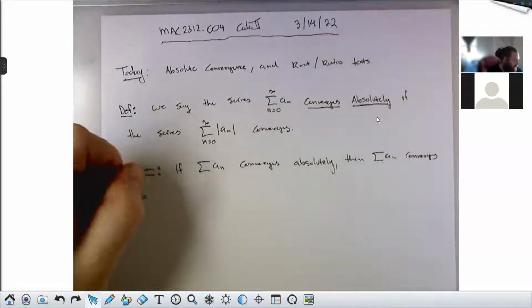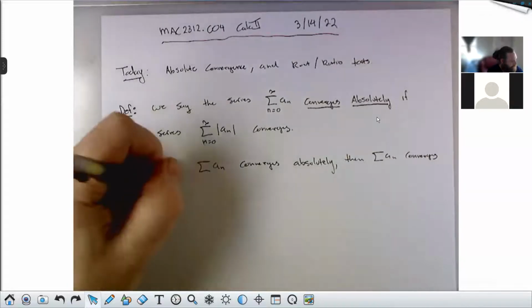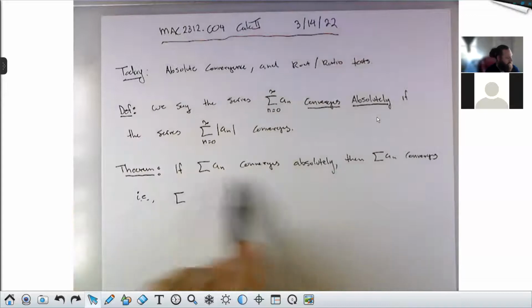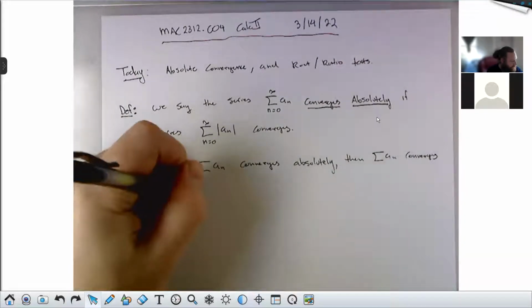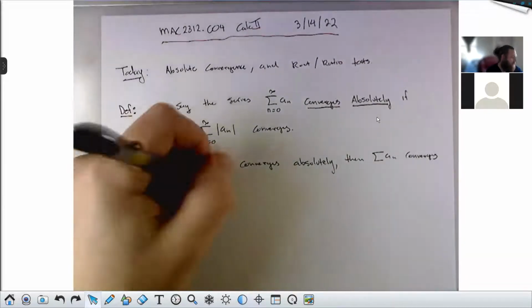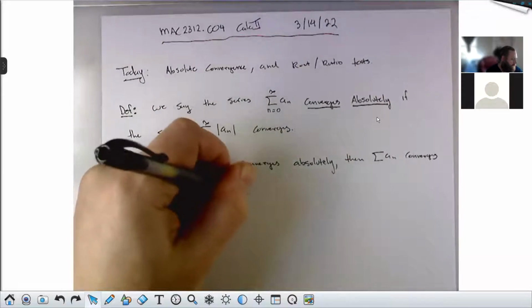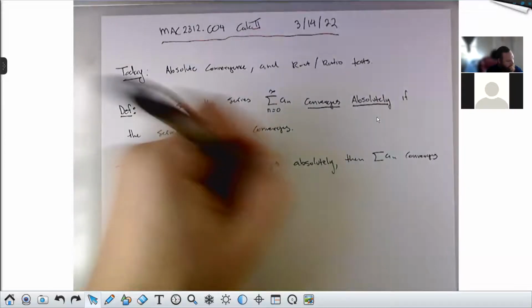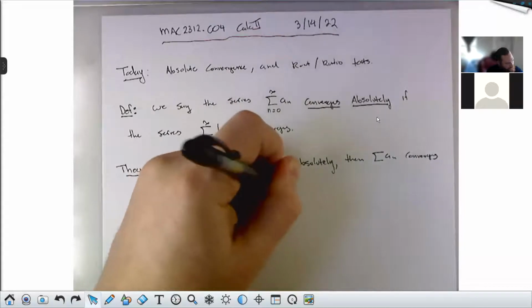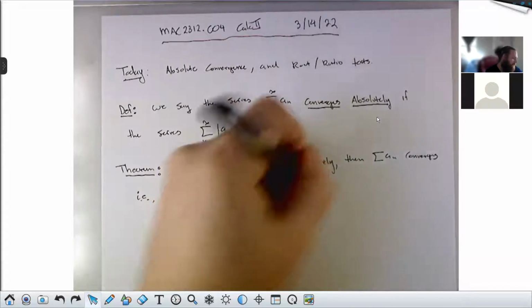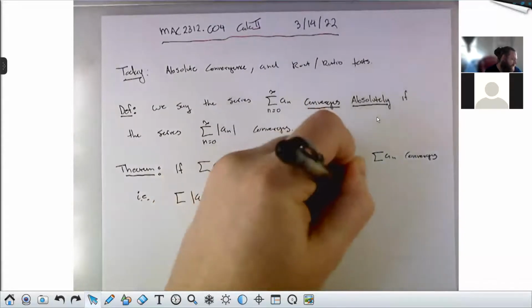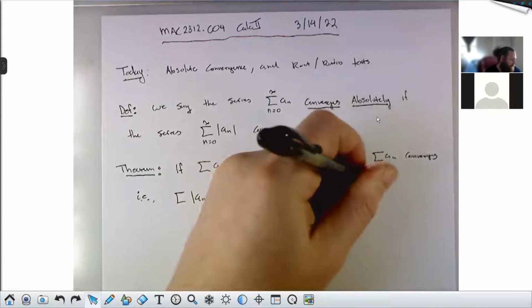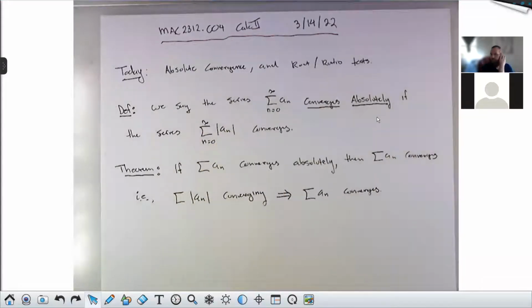This could also be said as, well, what does it mean to say sigma an converges absolutely? Well, that means sigma absolute value an. I would say sigma absolute value an converging implies sigma an converges. So if you converge absolutely, then you converge in the traditional sense.